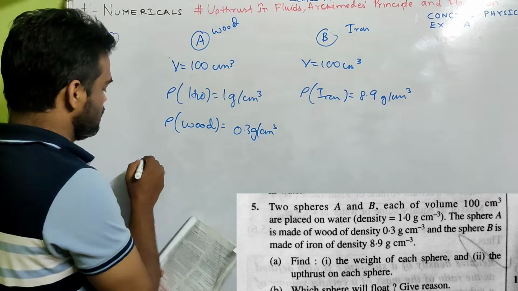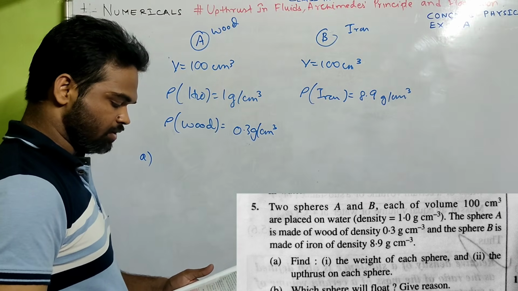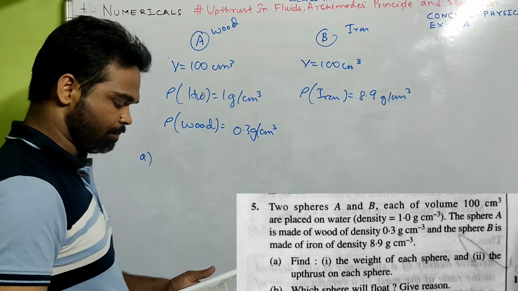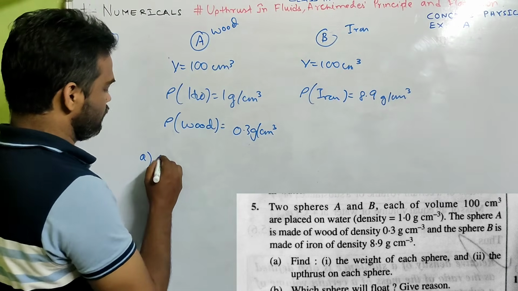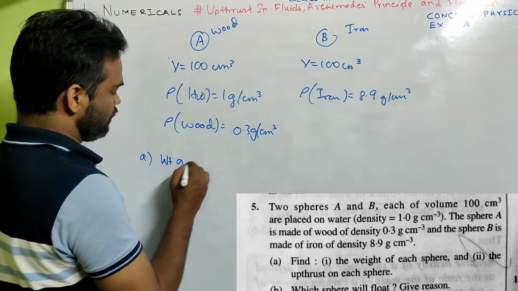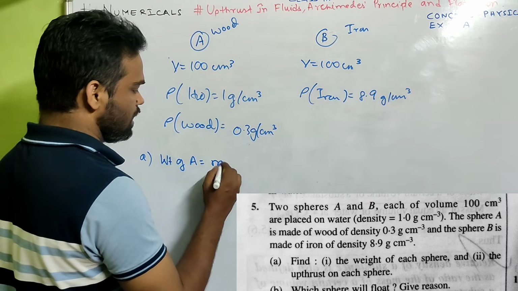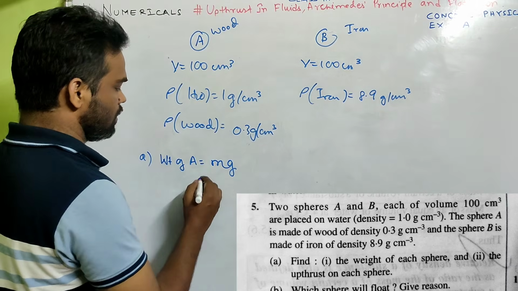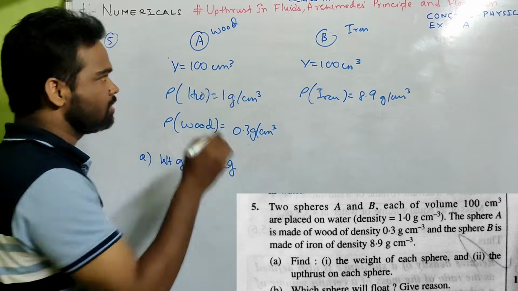What they've asked, number A: find the weight of each sphere and the upthrust on each sphere. First of all, weight. Weight of A, which is made of wood. Weight is mg. Mass is volume into density, since density is mass by volume.